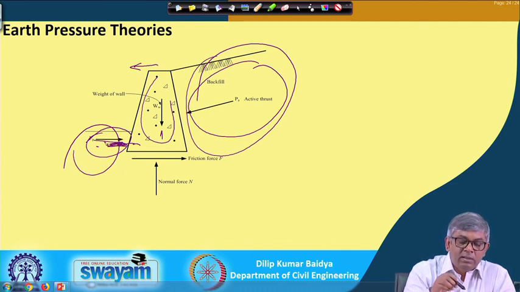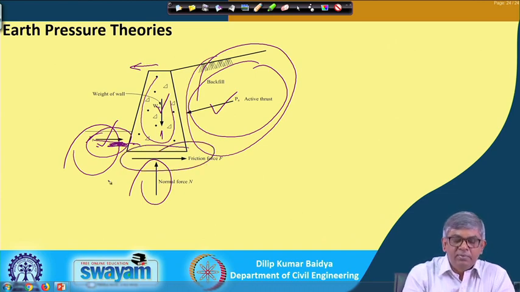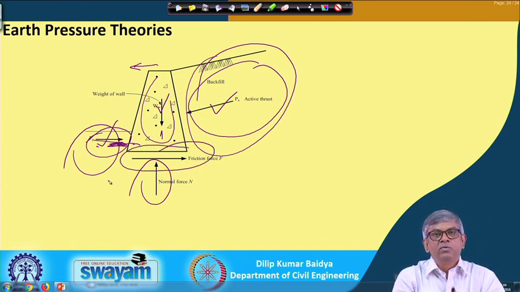So, that means there will be the weight of the soil, on the toe side there will be passive pressure, on the backfill there will be active pressure, and there will be normal reaction, and of course, since it is moving, at the base there will be frictional resistance. So, all those forces will be there, and we need to find out everything.